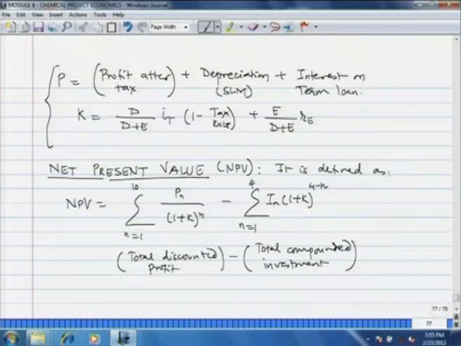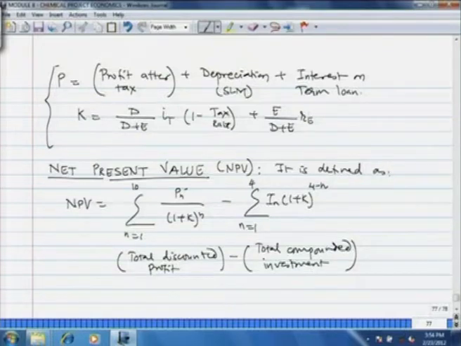The first summation is for the present value of the profit, summation n from 1 to 10 Pn divided by 1 plus k to the power n. So this is the total discounted profit minus the summation n running from 1 to 4 In into 1 plus k raised to 4 minus n. This is for the total compounded investment at time 0.